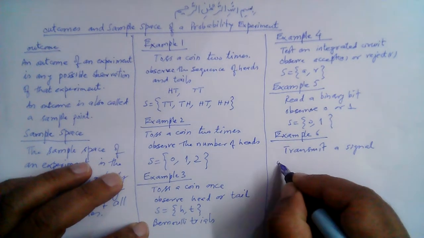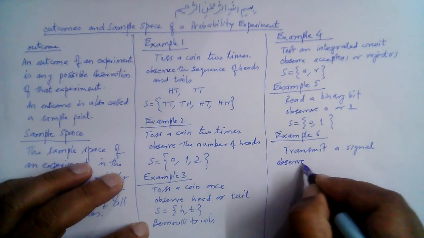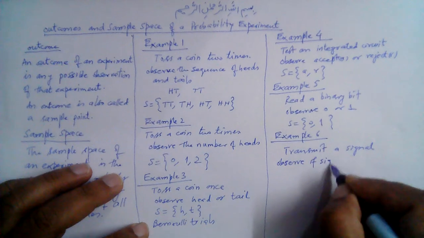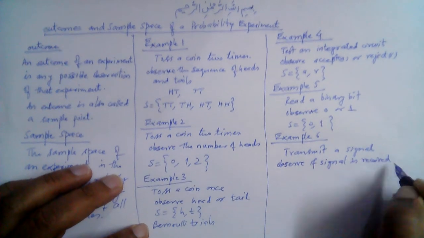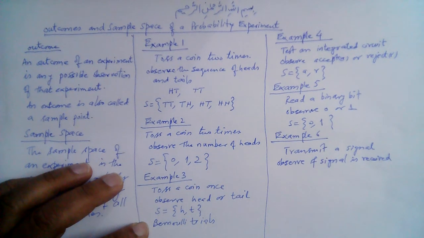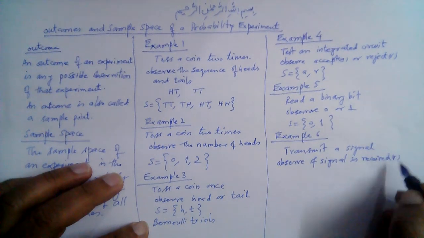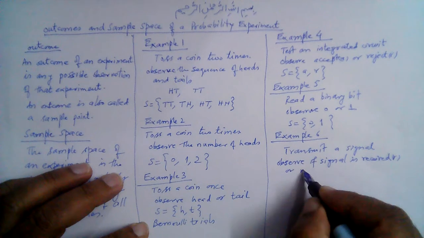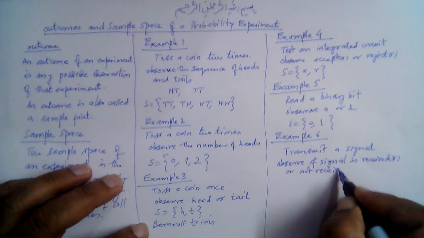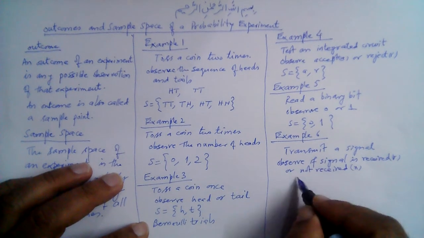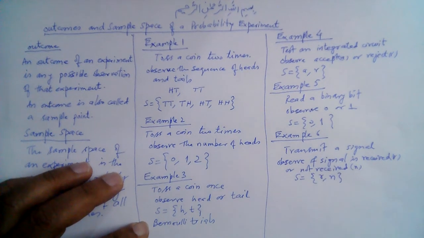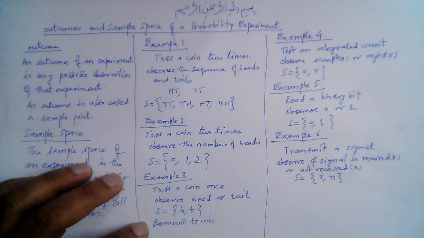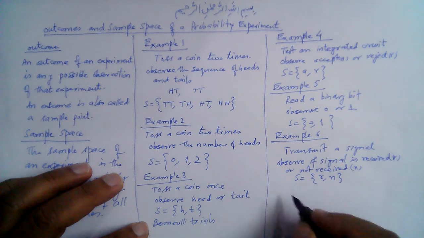Observe if the signal is received, right? So received is denoted by R, or not received by N. So the sample space in this case is R and N. This is a Bernoulli trial again.